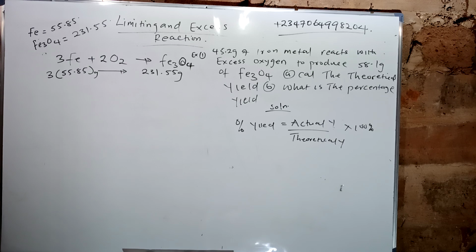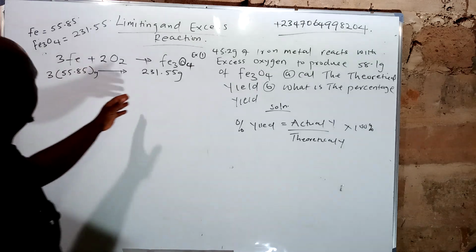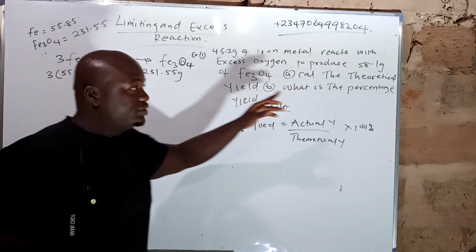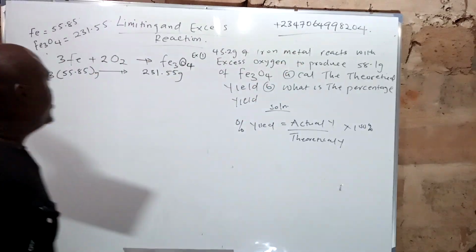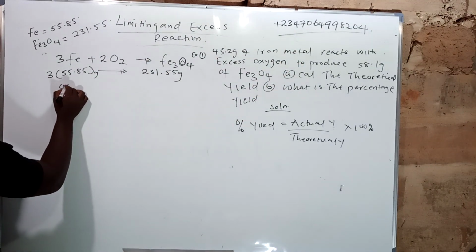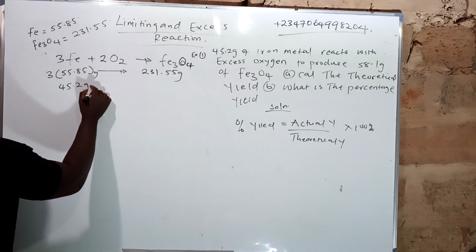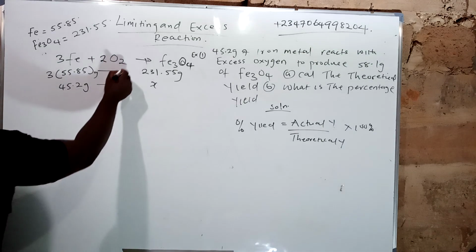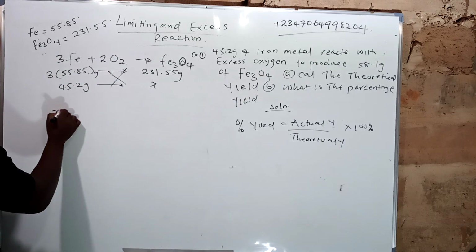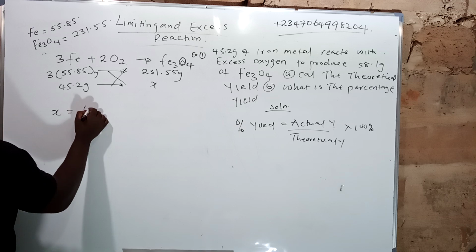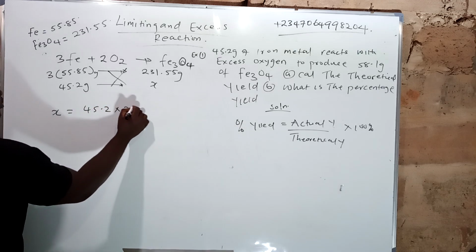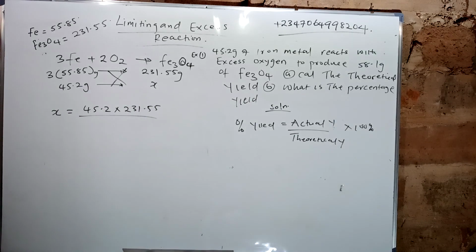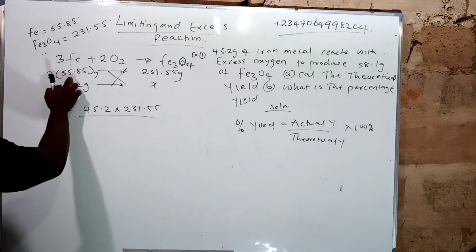Now, from the question, we have 45.2 grams of iron metal. So they've already given us the grams of iron metal. So this is 45.2 grams of iron metal to give you what in the product. So you cross multiply. Your answer is 45.2 times 231.55 divided by 3 times 55.85.